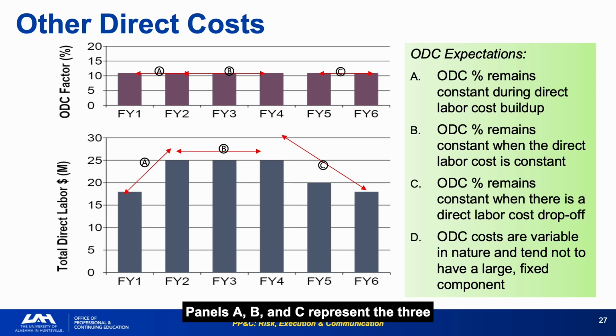Panels A, B, and C represent the three phases and all show the same ODC to DL ratio. This consistency is the standard against which actual data should be compared each period. If actual ODC behavior starts to look like overhead behavior, holding flat when DL drops, that is a misclassification signal worth investigating.